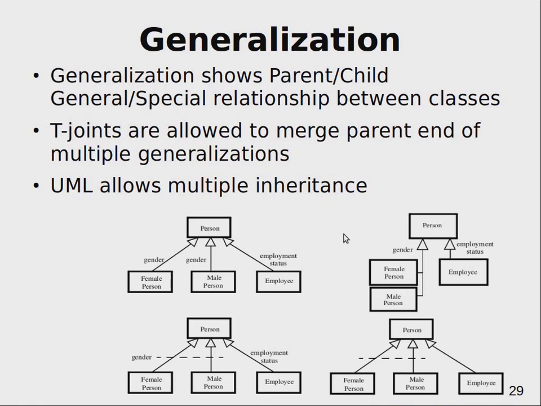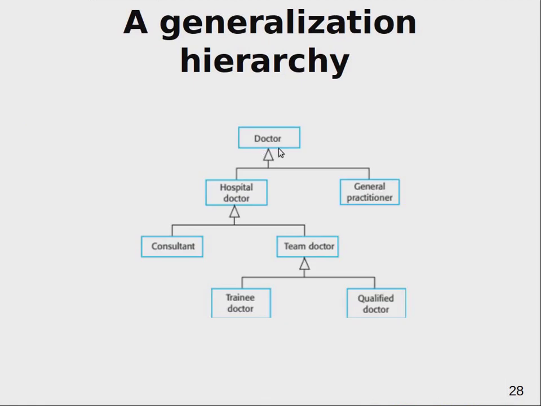And how does it work in practice? It means that if you have a doctor object which has just ID, then you can extend it to hospital doctor, which has ID and, let's say, the ID of his or her hospital. Or a doctor may be a general practitioner, which may have some other data structures added to it.